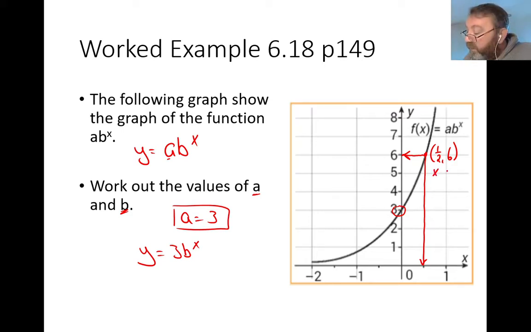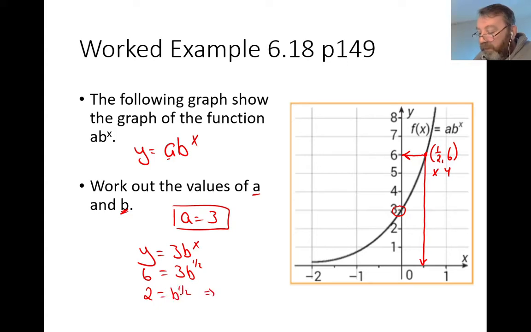Which means x has a value of a half, y has a value of 6, and because they belong to that graph, that function, they can be fitted into its formula. So y: 6 equals 3b to the half. Divide both sides by 3: 2 equals b to the half.